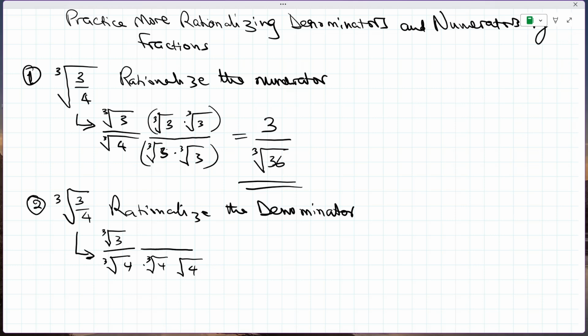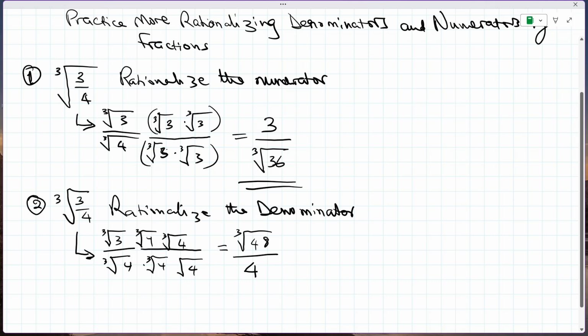And what you do to one part of a fraction, you must do to the other. So this also has to be multiplied by cube root of 4 and cube root of 4. And then finally, we would get our answer as being cube root of 3 times 4 times 4, which will be cube root of 48, and the bottom will be 4.